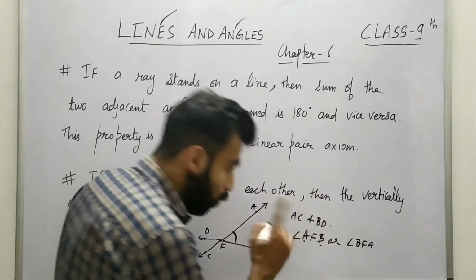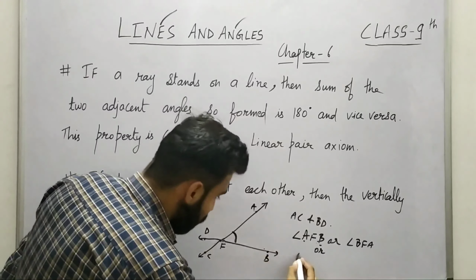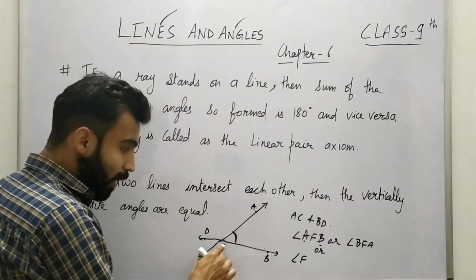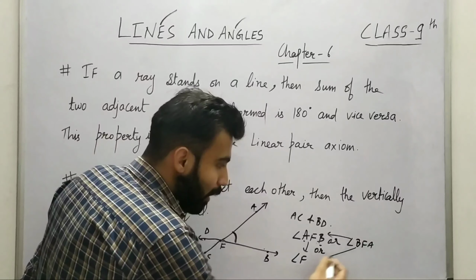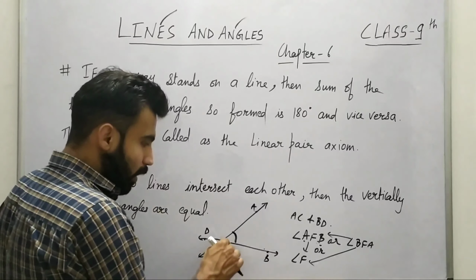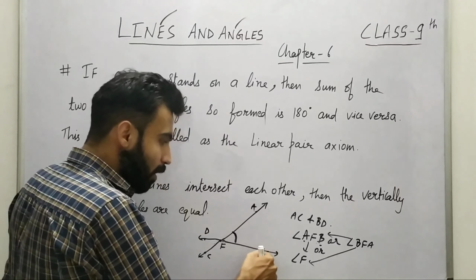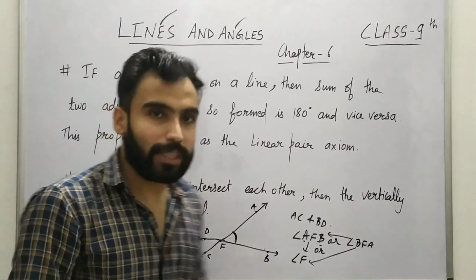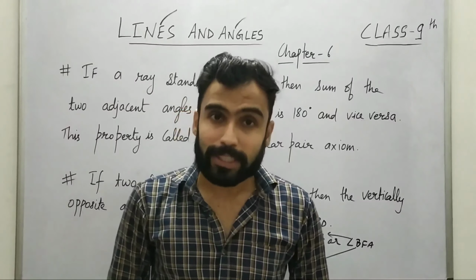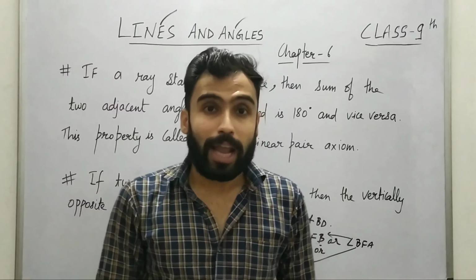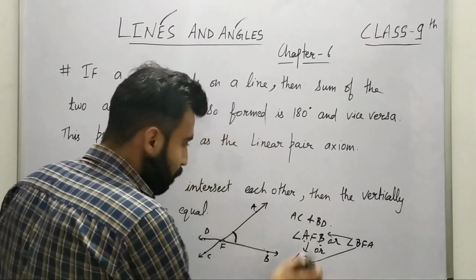One more thing here: you can also write this AFB as angle F. Only angle F. So all the three things are the same: it is angle F, or AFB, or BFA. That means two lines can intersect at a point and form an angle there, right? Now let me rub this and move further.